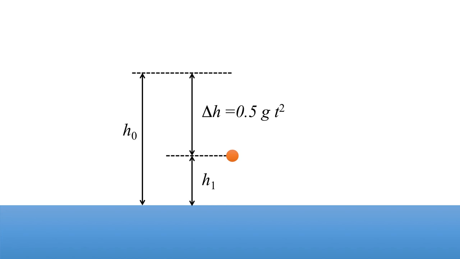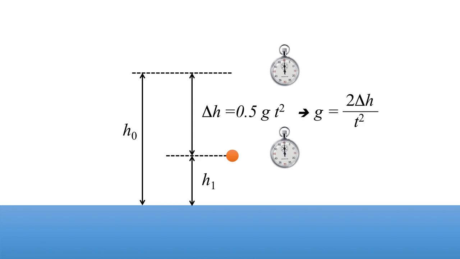This means that if we measure the time it takes for a test mass to drop from h0 to h1, we are able to obtain a value for gravity acceleration at that particular location. Using this measurement, we are able to determine the total mass. However, in order to make this work, the travel distance should be short enough so that the gravity acceleration is almost constant.